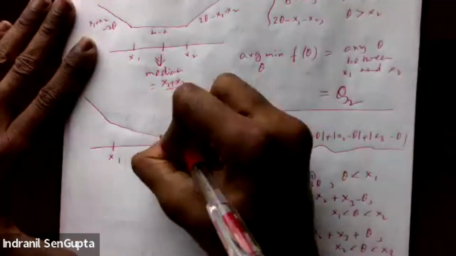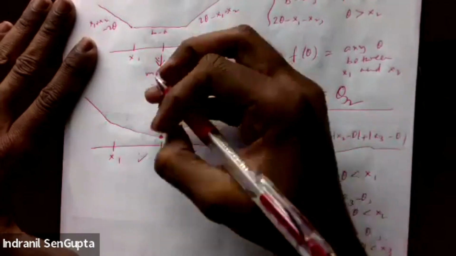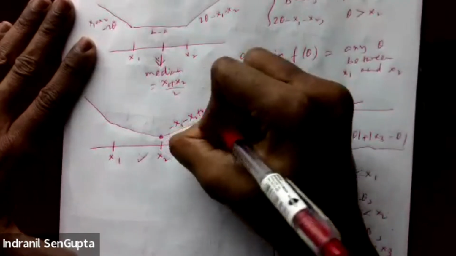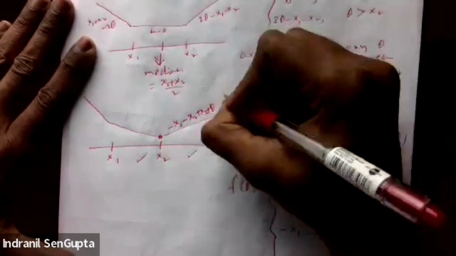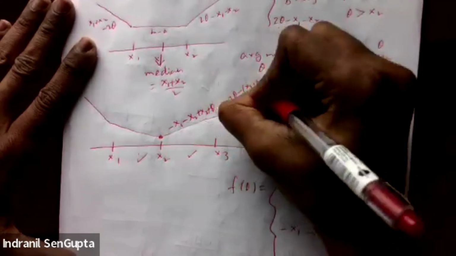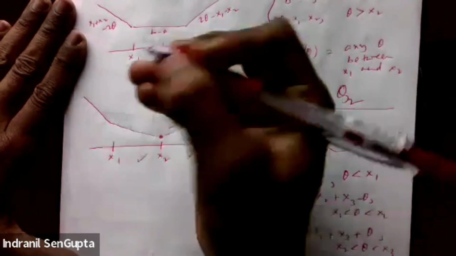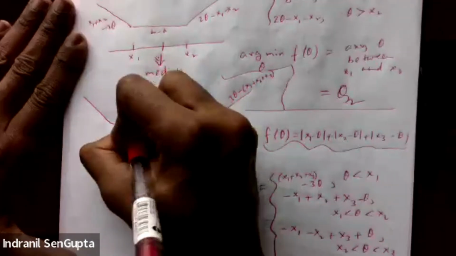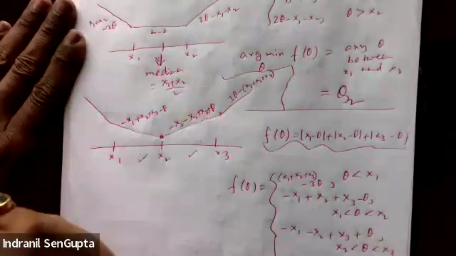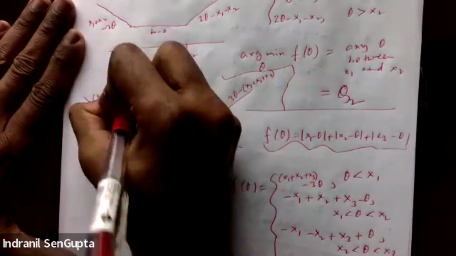So here it is x1 + x2 + x3 - 3 theta, then -x1 + x2 + x3 - theta, then -x1 - x2 + x3 + theta, and then 3 theta - (x1 + x2 + x3).